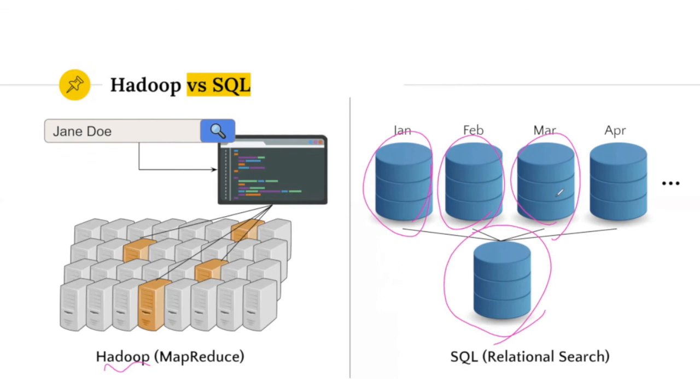So in a very simple, perhaps overly simplified example, you can have a computer that has all the photos and posts, everything that was published in January. You can have another computer that holds everything published in February. You can have a computer that has everything about March.